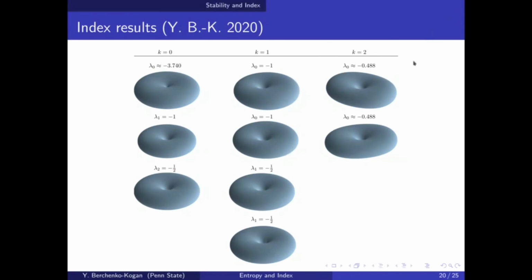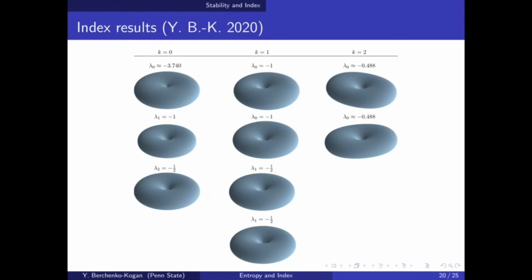And then finally, here we have variations with k equal to 2. So these are our new variations that had not previously been proved to exist, and so we were able to compute them. If we go off to k equals 3 and further, then all of the eigenvalues are positive, so there are no further variations here.